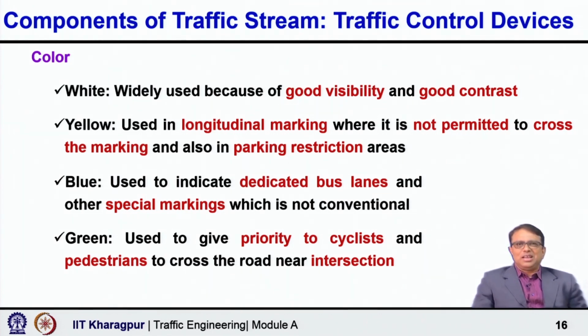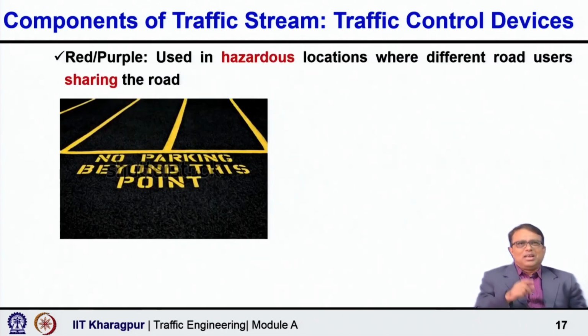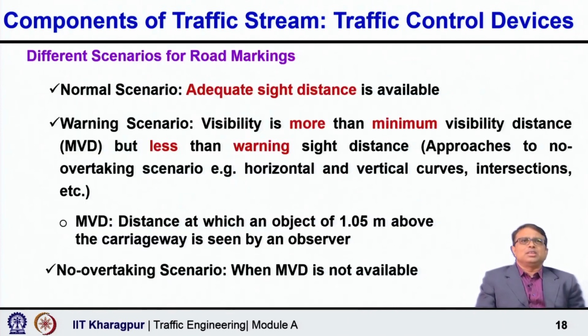So, the green relates to vulnerable road users, particularly pedestrians and cyclists, for their movement, to indicate that there is a priority for them to cross the road near an intersection. Next, red or purple color is used in hazardous locations where multiple road users are sharing the road. So, indicating that it is a hazardous location, one has to be careful, right.